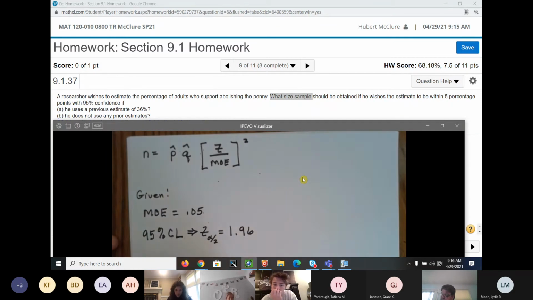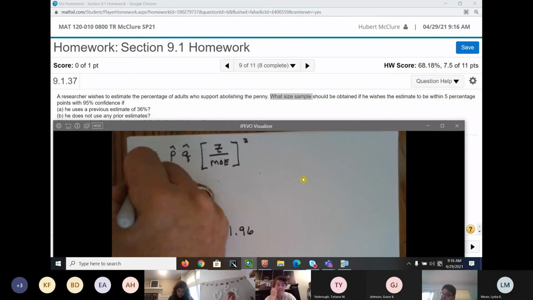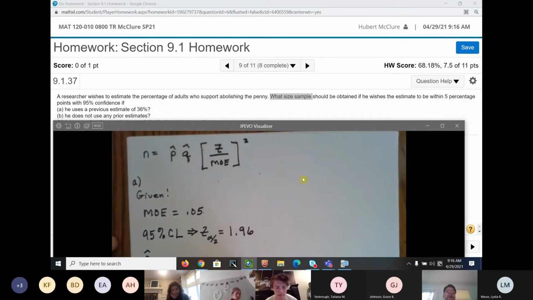And I think they give us P hat in A. This is A. P hat is equal to 0.36. Therefore, Q hat is equal to 1 minus 0.36, which is equal to what? 0.64?